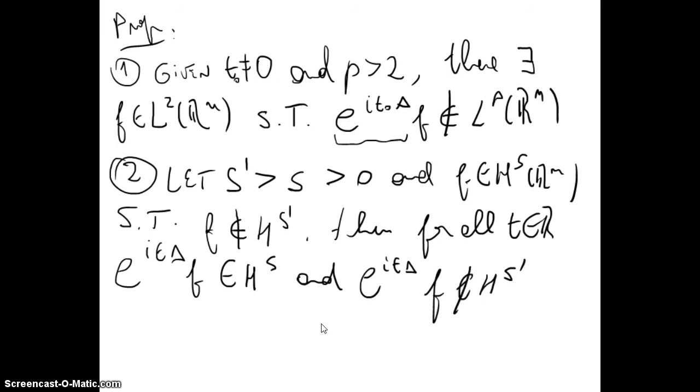So we can say that in some way, if this f has H^s regularity but not s prime regularity, we are asking to have more derivatives in this space, and the operator maintains the same regularity. It's going to be in H^s but not in H^{s'}.